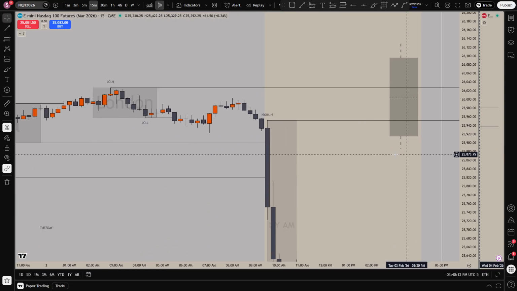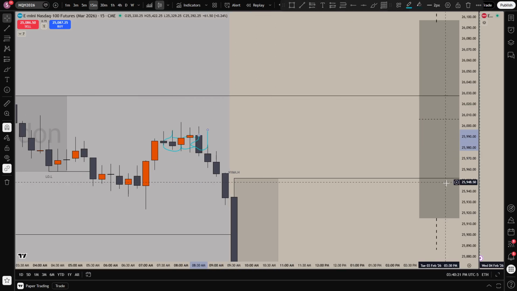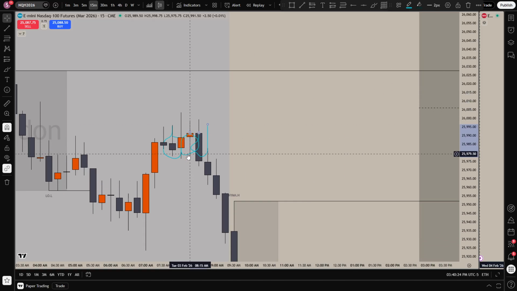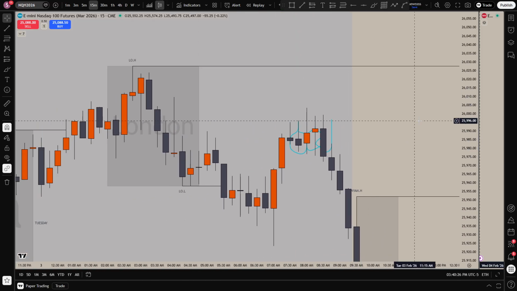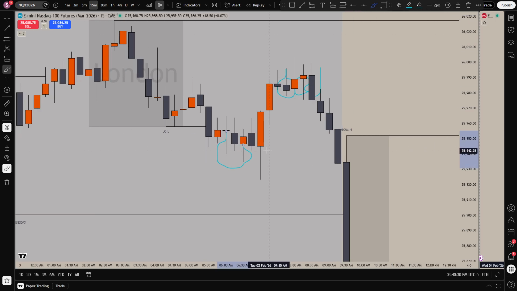especially on higher time frames. But for example, what you just saw was, boom, we can see this right here. We're getting all these wicks, right? Boom, right here too.